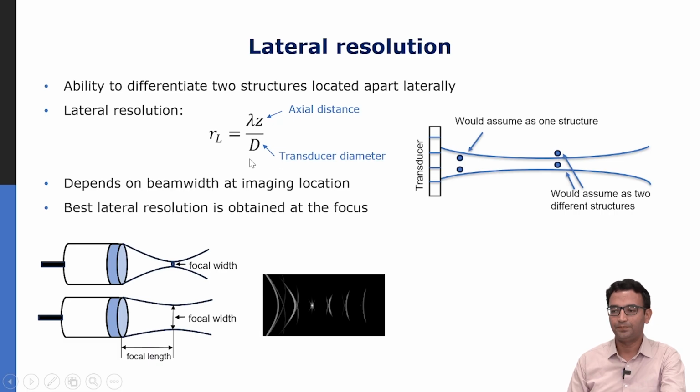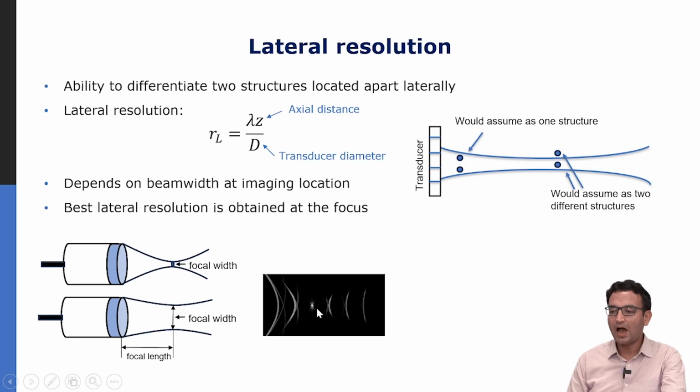Now the best lateral resolution, as you would have guessed, will be obtained at the focus because the beam width is the most narrow at the focus. And here is a focus transducer with a narrow beam width at the focus. This is an unfocused transducer. You do get some natural focusing here because of the aperture and the geometry of the transducer, but still the focal width is relatively wide, so you will not get a very sharp image using this.